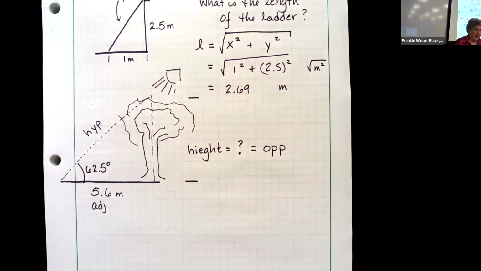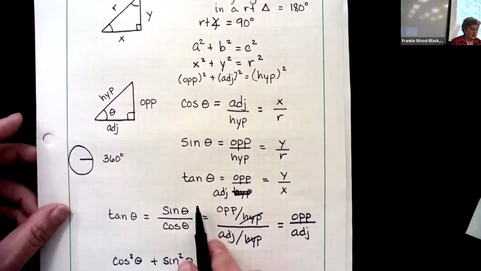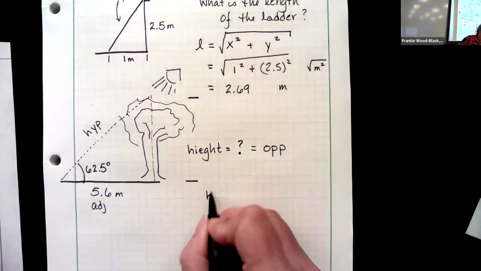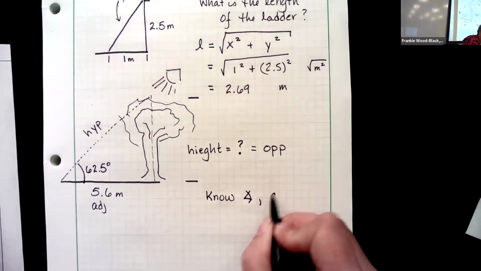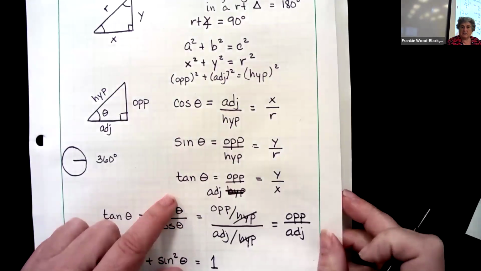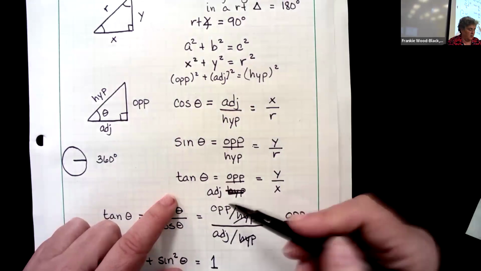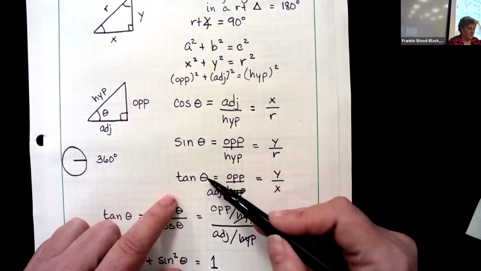Okay. I have my three ratios. So what I know is I know the angle and I know the adjacent. That's going to mean I'm going to use the tangent function because I know this one. This is what I want to know, and I know that one.